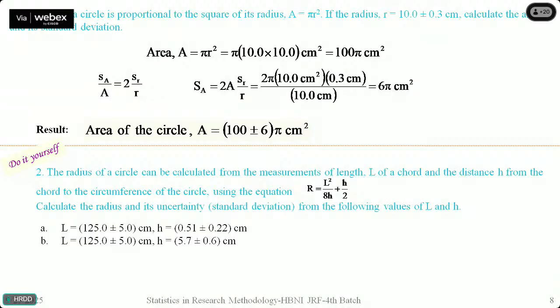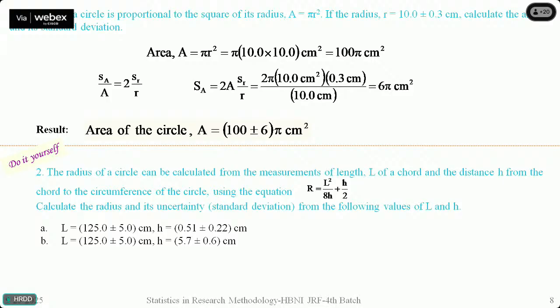Here in my numerator it was L square, that is nothing but L into L. So now U of L square by L square is equal to U of L by L, the whole square, plus another U of L by L, the whole square.